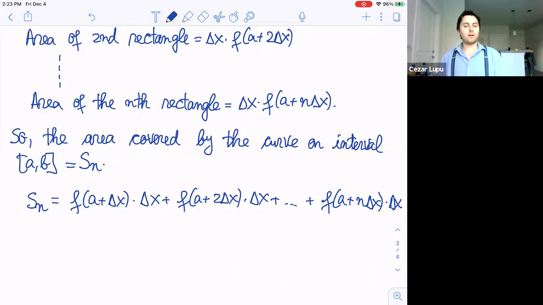And this is how we can express the sum of all areas of those rectangles. Okay.